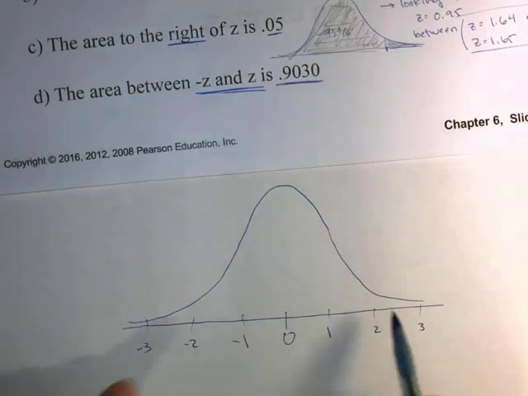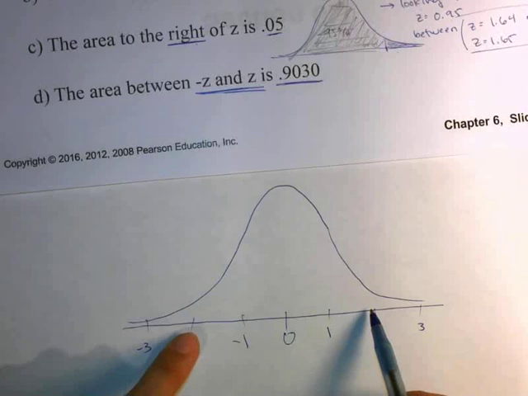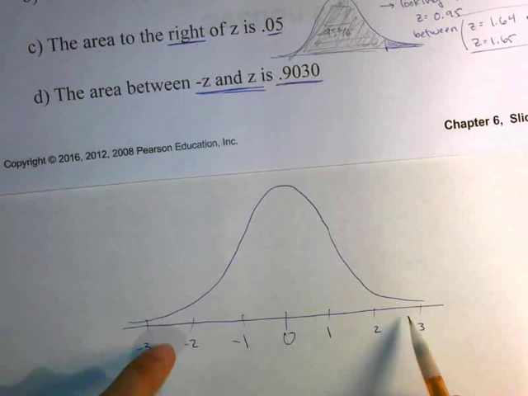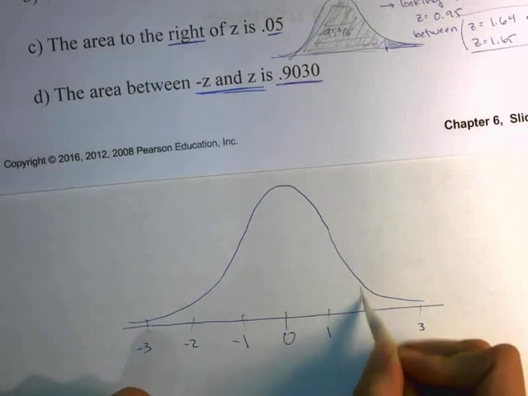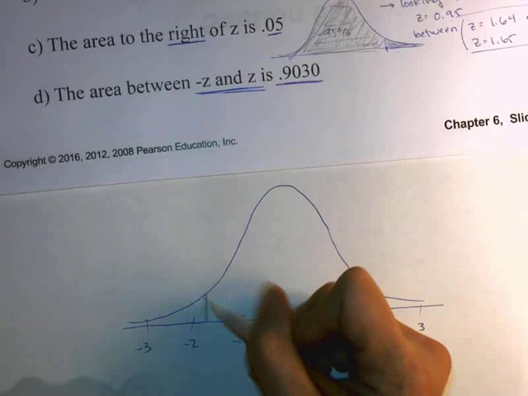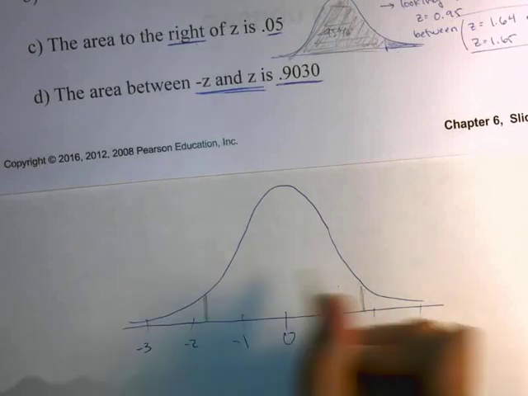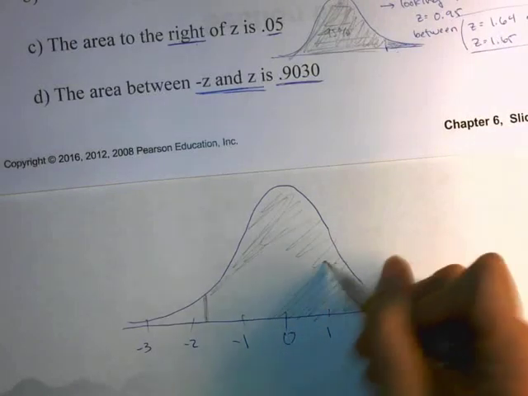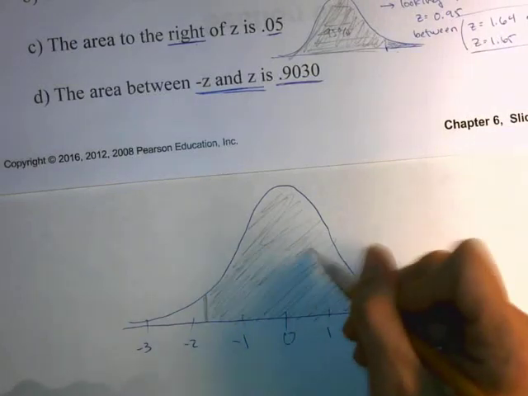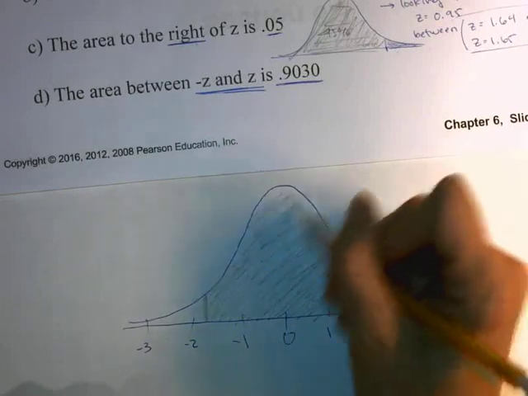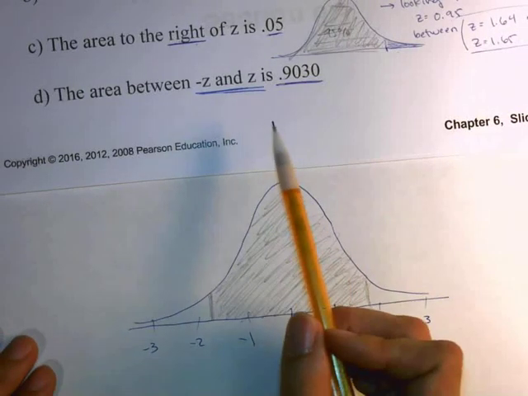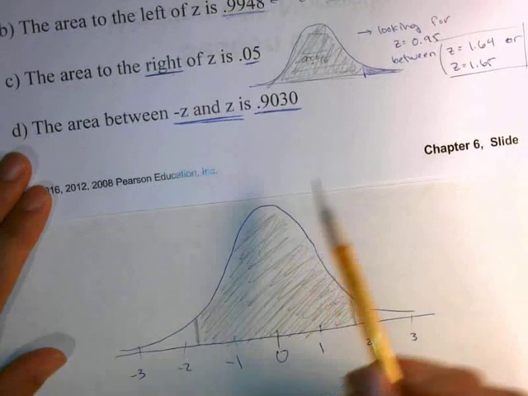I probably shouldn't have labeled these numbers yet because I don't really know what those numbers should be, but I'm trying to visually get an idea of where I'm looking, think about where I could draw a positive and a negative z such that it looks like 90 or so % of the area under that curve is between those two numbers. And there's my guess, just so that I visually see what I'm looking at.